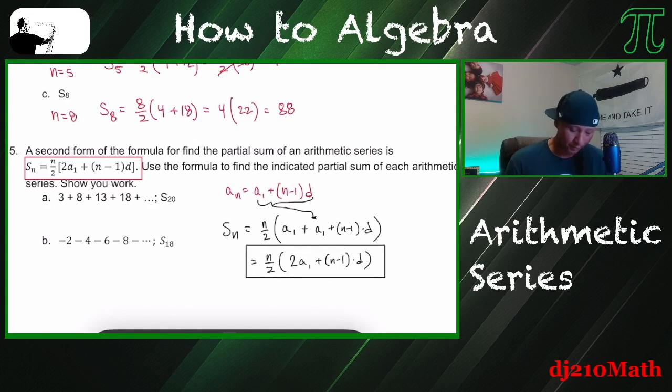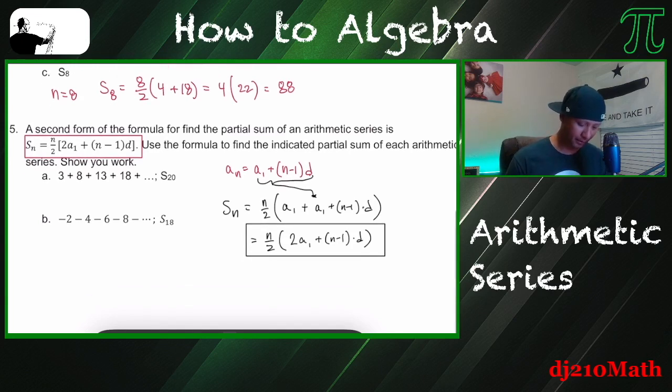So with that being said, if we look at A, here we have 3 plus 8 plus 13 plus 18 plus ..., like the list goes on and on. We don't know when it stops, but we do want to add up the first 20 of these terms, assuming that it's arithmetic and the pattern continues.